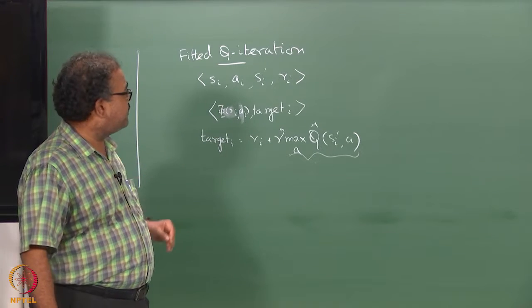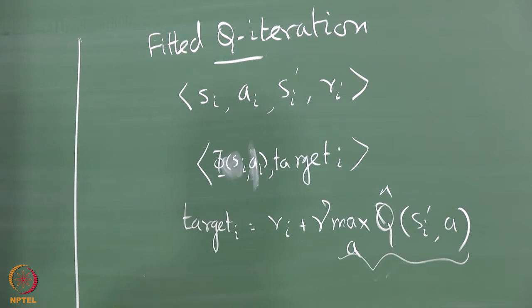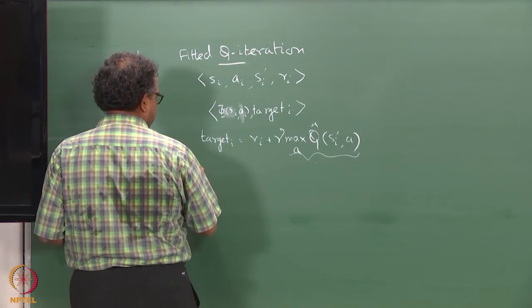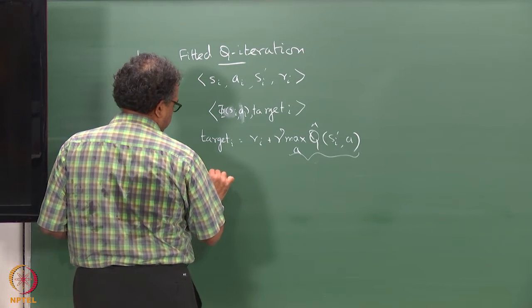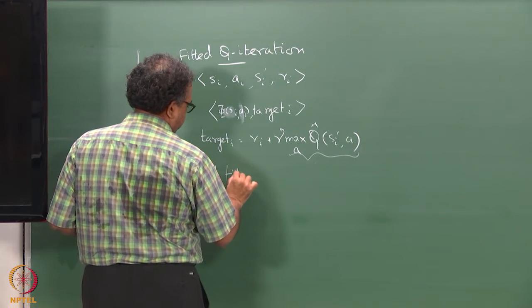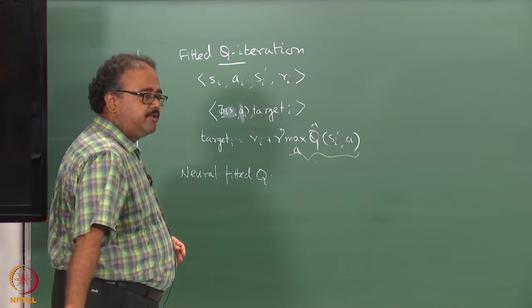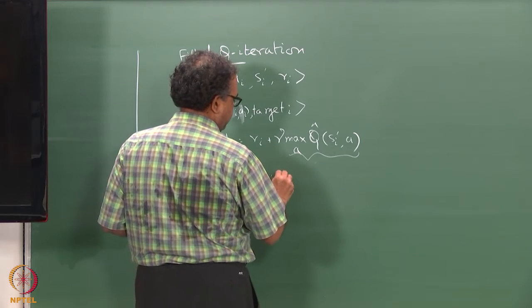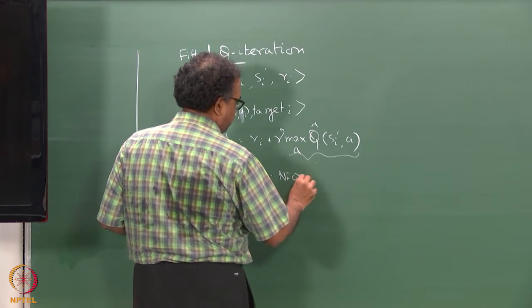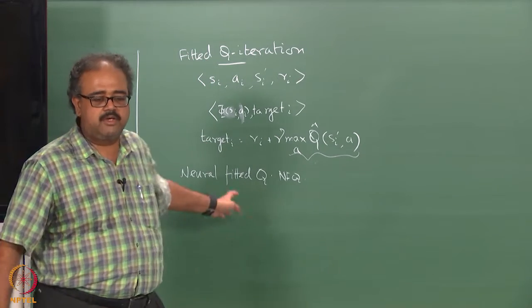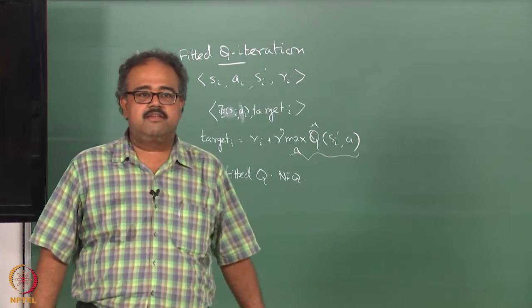Okay. So, this is essentially fitted Q iteration. One very popular version of fitted Q iteration is neural fitted Q, sometimes called NFQ. So, what do you think neural fitted Q does?